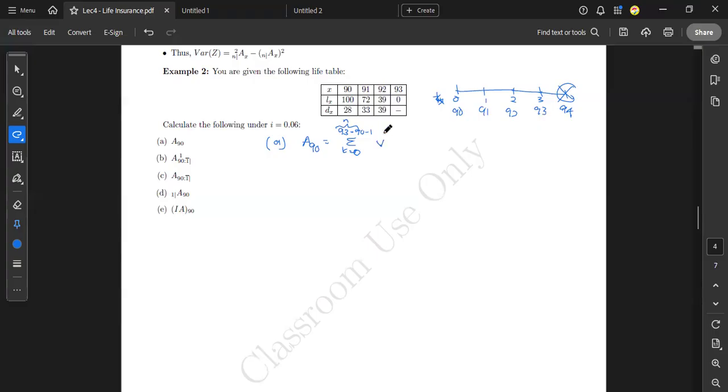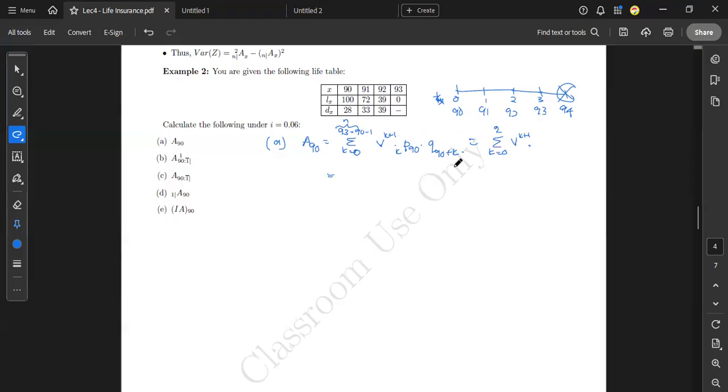So the summation over k from 0, v to the k plus 1, times the deferred probability, k probability from 90, q from 90 to k plus 1.